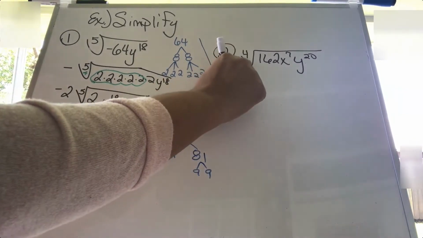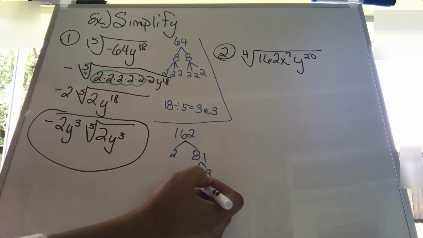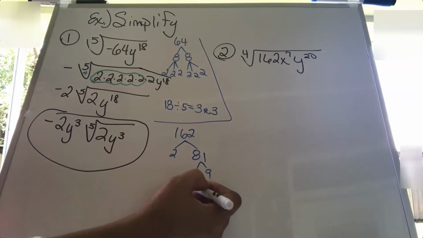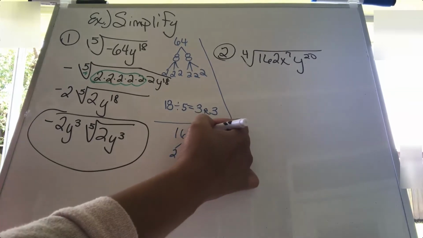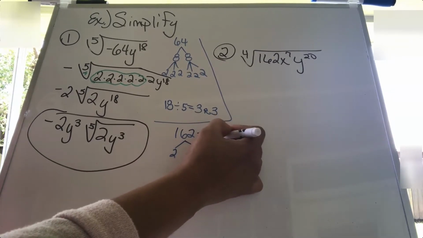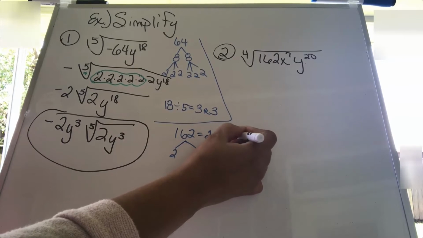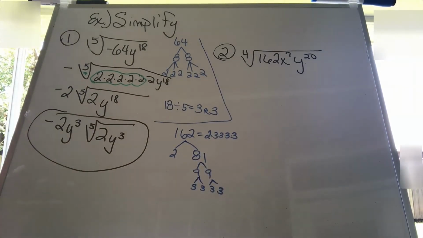I'm looking for 4 of something, and I still don't have it. So my 9s I can break up to 3 times 3. So this 162 will be 2 times 3 times 3 times 3 times 3. And I'll be able to get something to work off of that.